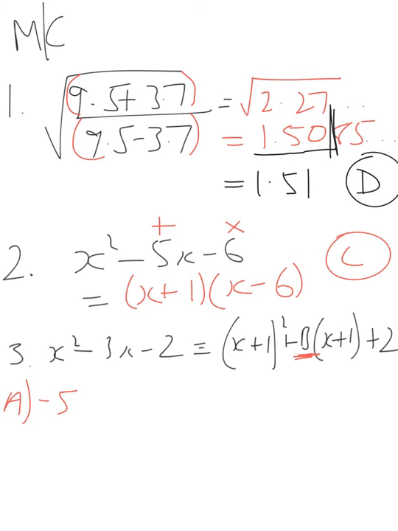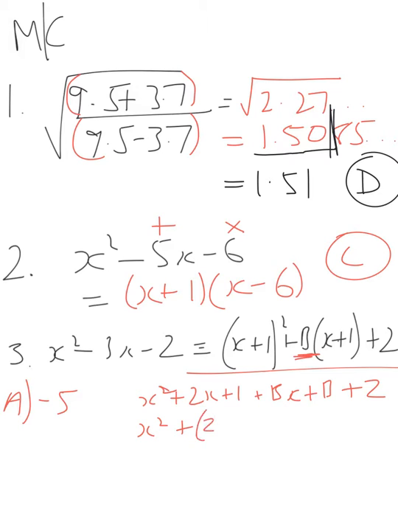The other way, if it wasn't multiple choice, remember we expand all of this, so we get x squared plus 2x plus 1 plus bx plus b plus 2. Put all the x squareds together, there's only one of those.